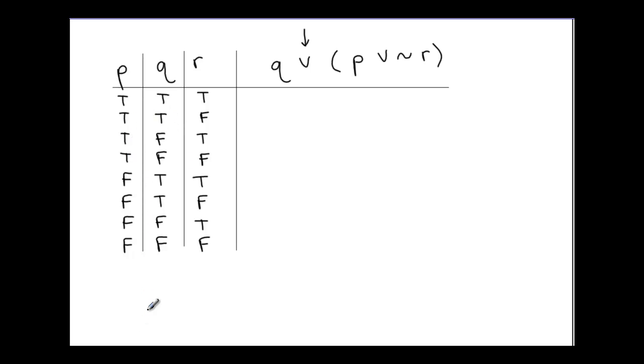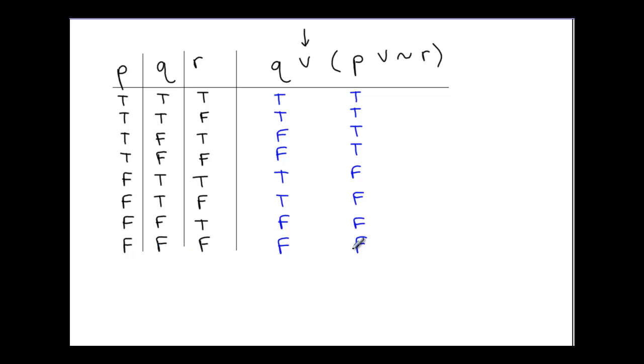That will give us every combination of those three different statements being either true or false. Now that that's filled out, first I want to copy the Q column: true, true, false, false, true, true, false, false. Next I'm going to copy the P column, which is true, true, true, true, false, false, false, false.